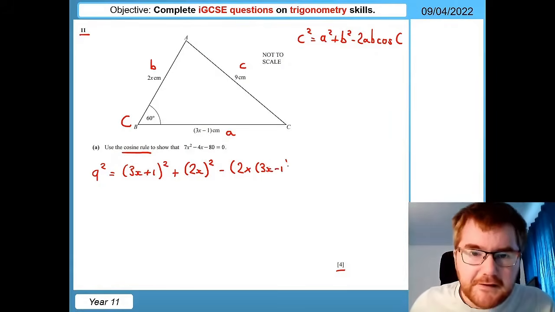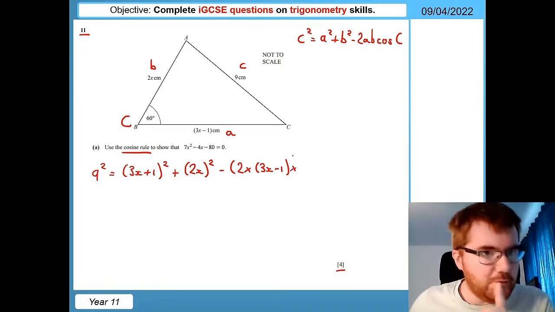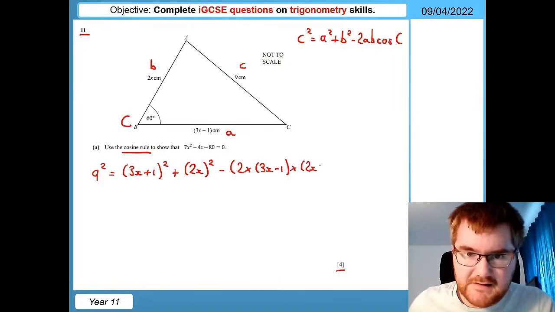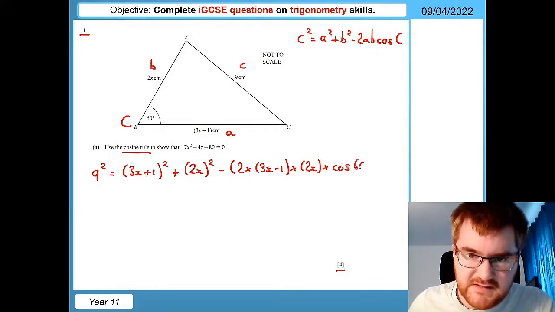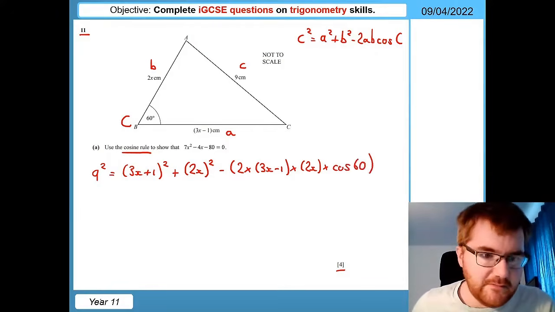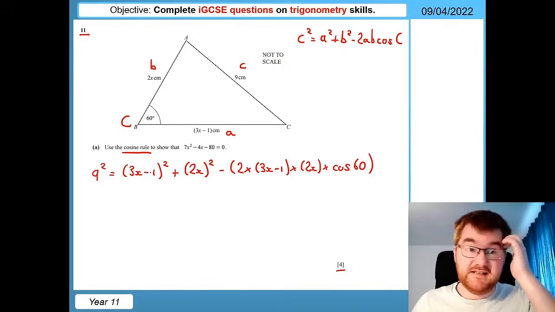Can't read my screen, that's not very helpful. Good, I'm always checking these things though. So 2x times the cosine of the angle, well, the angle is equal to 60, like so. So let me change this, because this should be a minus 1 here. So that's important.